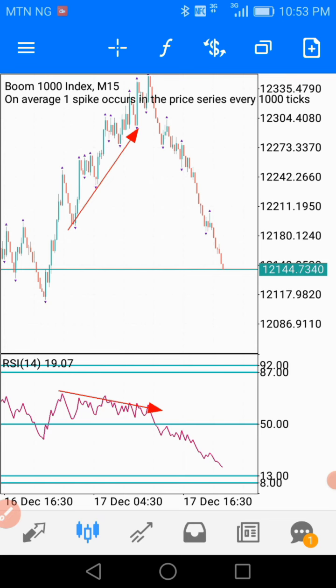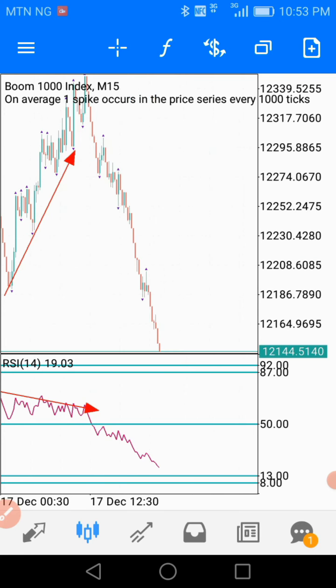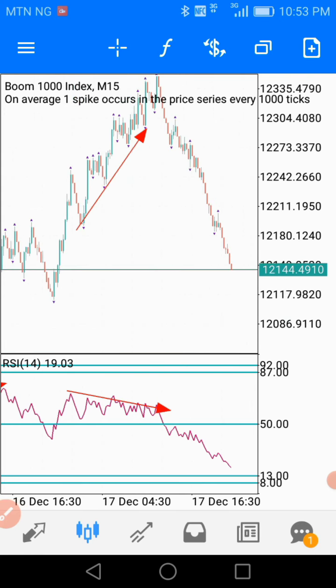You may not have to use all the indicators at once. Of course, you can't do that. You just have to test them out and then stick to the one that gives you the best result, which is why I'm going to be making videos in this series on different indicators, the best indicators you can use to trade regular divergences.